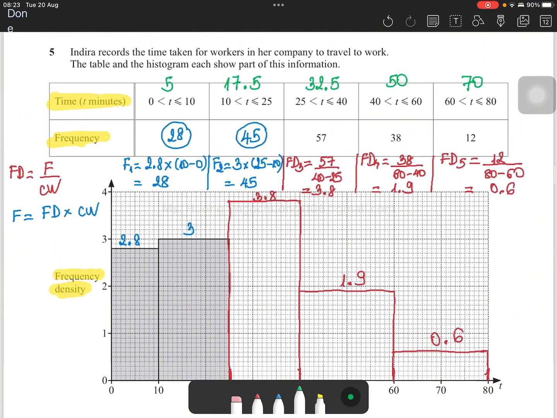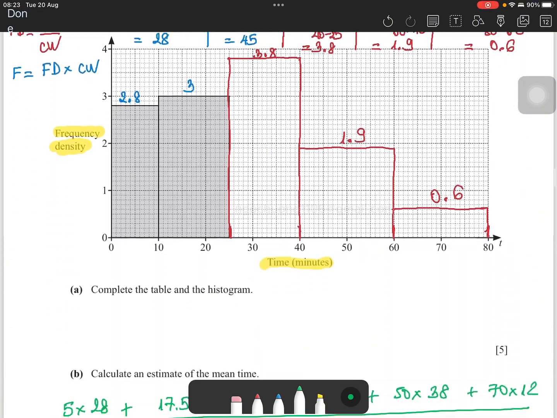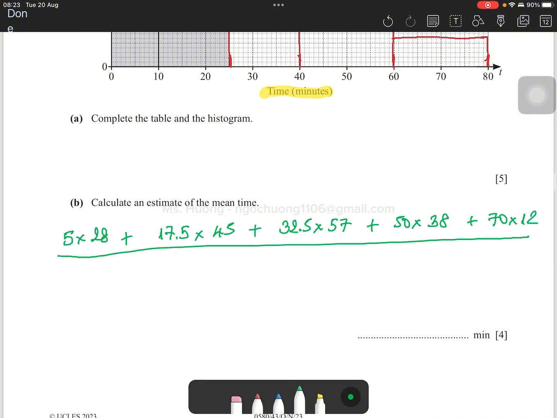The total frequency is, we need to add up the 5 numbers: 28 plus 45 plus 57 plus 38 plus 12. So the answer for this is 30.7 minutes.